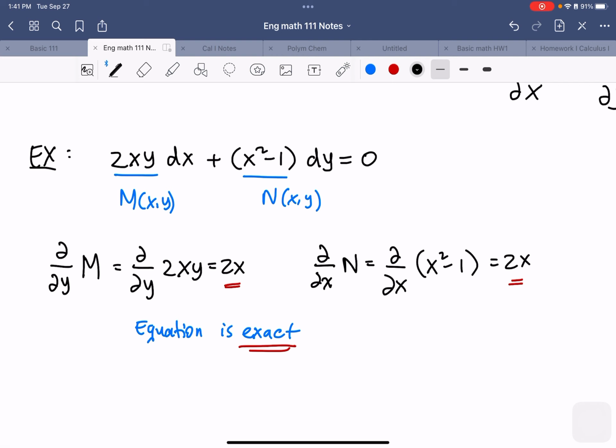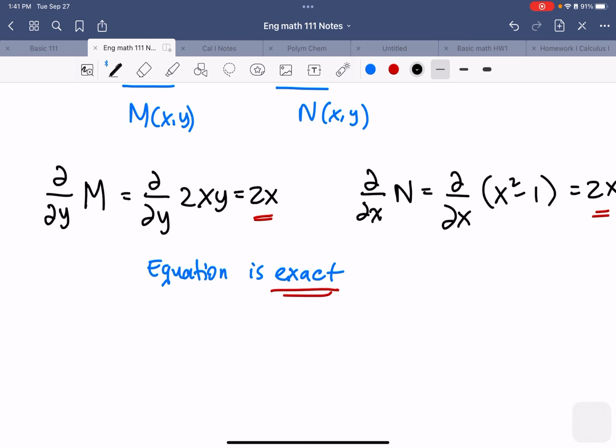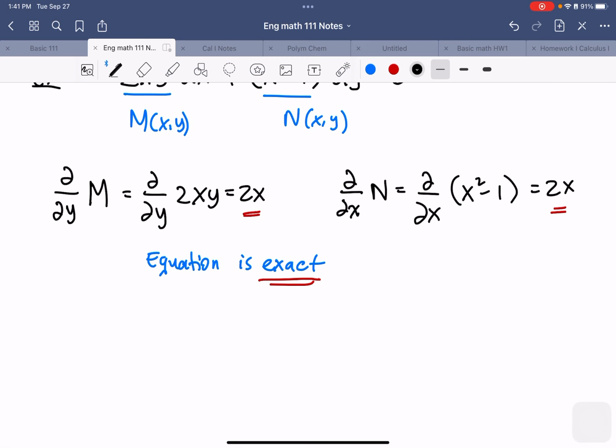We can start from M or we can start from N. No matter which path you follow, the results should be the same. Let's say we start from M first. This M is actually our function. Let's say we have the function f that we are going to take as our solution.